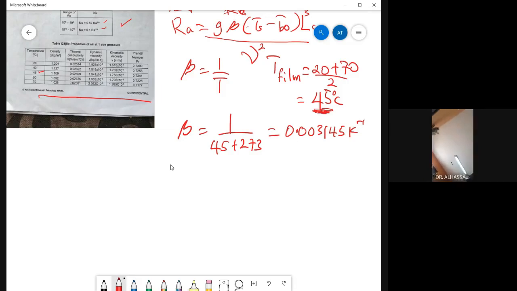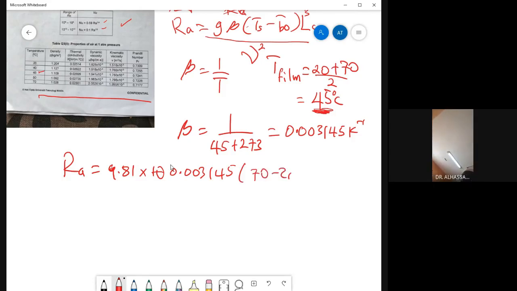So as far as the Rayleigh number is concerned, we have Ra equals gravity, which we know equals 9.81, times beta, so I have this value, 0.003145 per Kelvin, then times the temperature difference, so that gives us 70 minus 20.